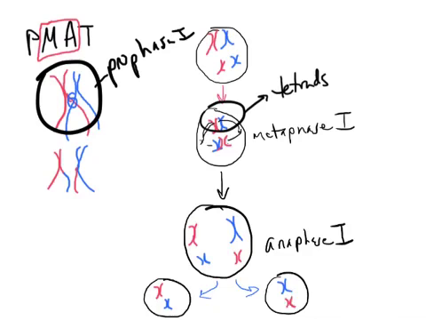But now remember that terminology discussion we had. Each chromosome is made up of two sister chromatids, but it's still considered to be one chromosome.